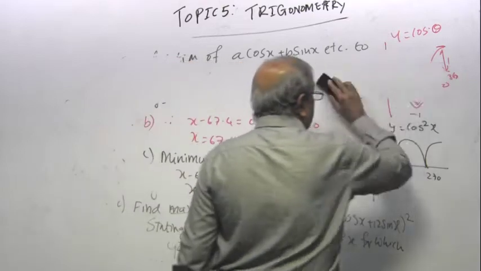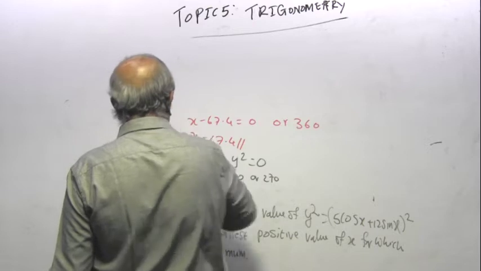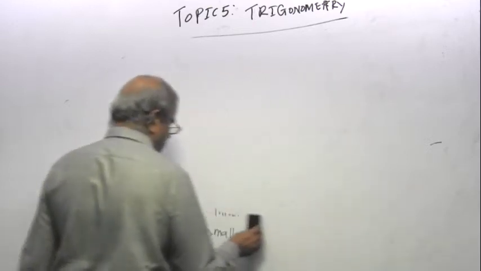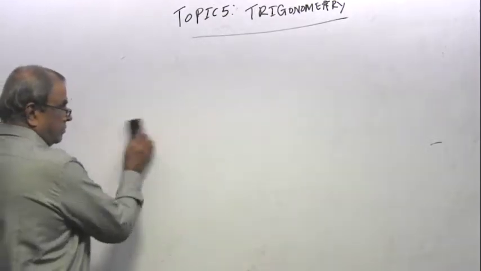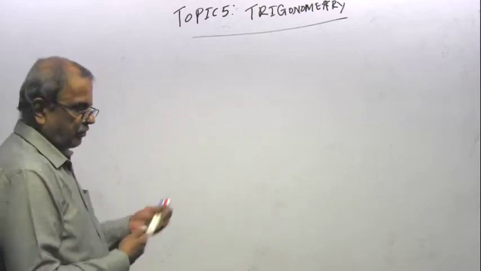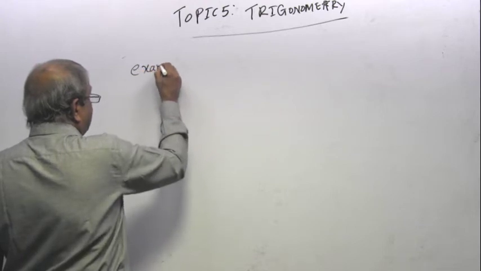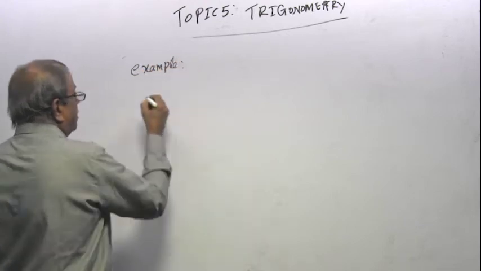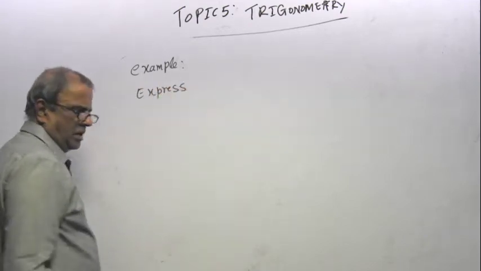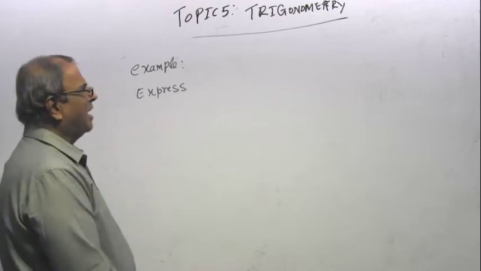This time I want to use sine instead of cos. Example. What should I say now? I have used cos, I need sine, and we've used 12, 5, 13.